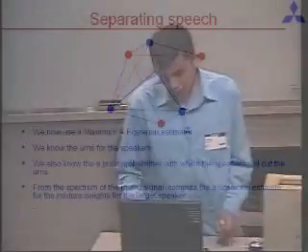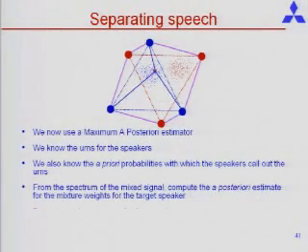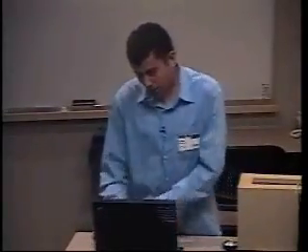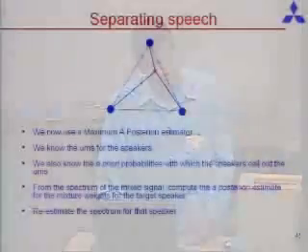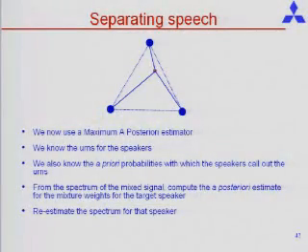And so now we will use a maximum a posteriori estimator, where we also use the Dirichlet prior in computing the mixture weights, the proportions to which the various corners must be combined to generate a mixed point. And then, of course, we do the same thing. We ignore the stuff that doesn't belong to the target speaker to reconstruct the signal.